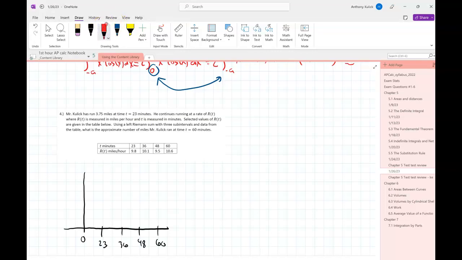So my first Riemann rectangle, since it's left, the height is going to come from f of 0. And since we're talking about running, what's your velocity at time 0? 0, right? So the first rectangle is a nothing burger. The second rectangle is going to have height 9.8.